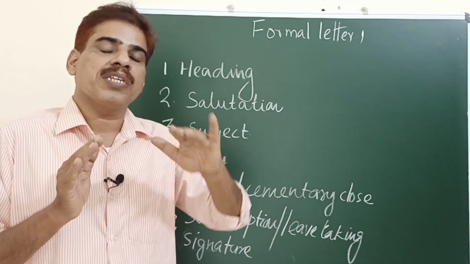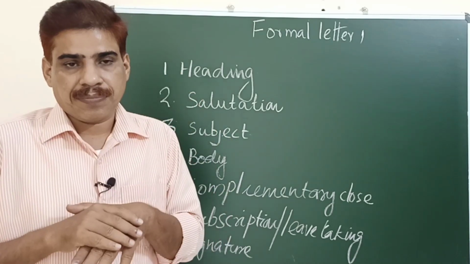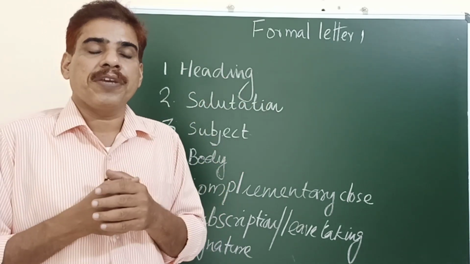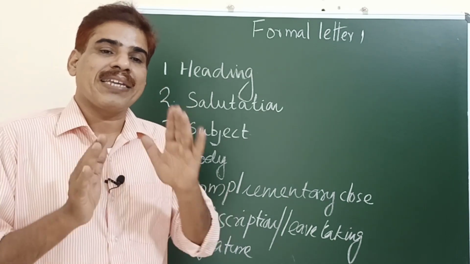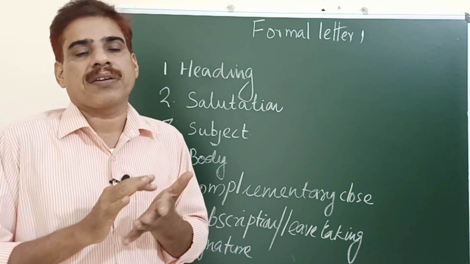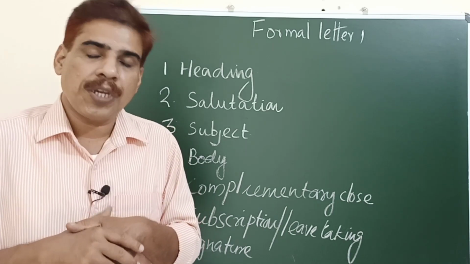Before the receiver's address, you can write the date. The date is written like that. Example, 25th August 2020, or you write the day first, date, then month, then year. 2nd August 2020.